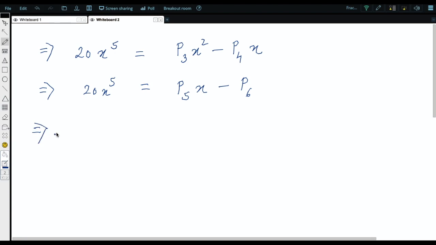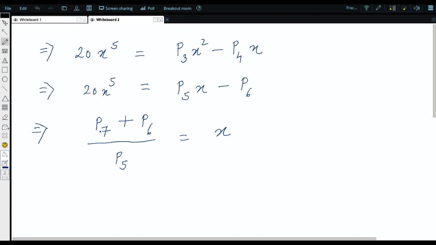And now x to the power 5 is rational, that is given. So 20x to the power 5 is also rational. So let's take it to be some p7, which is rational, and then p7 plus p6, divided by p5, is equal to x.